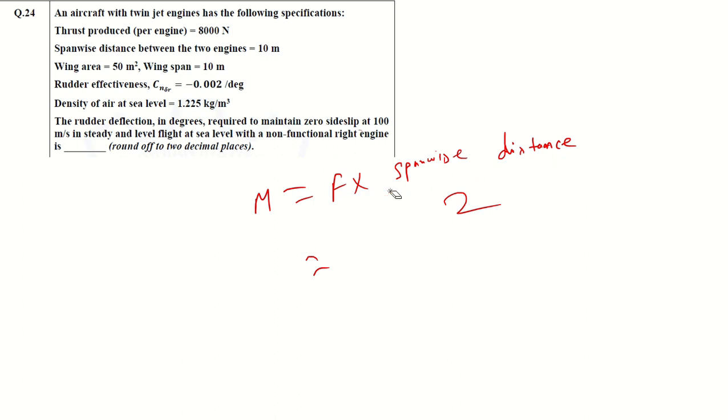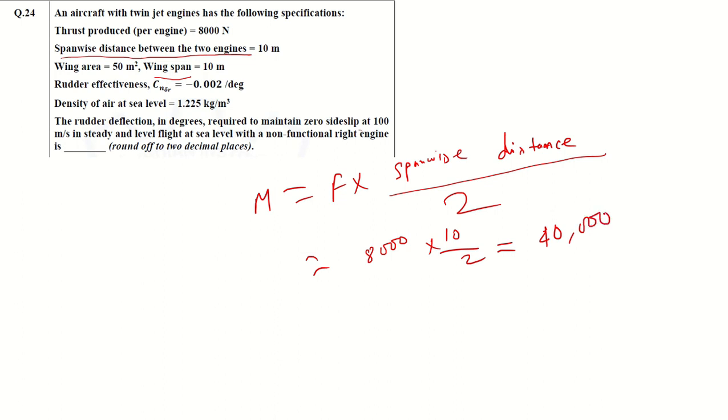That is 800 into the span-wise distance, which is given. Here the wing span is given and the span-wise distance is given, so don't confuse wing span with span-wise distance. The span-wise distance is 10 divided by 2, which gives 40,000 Newton meter. So finally we got M is equal to this, right?